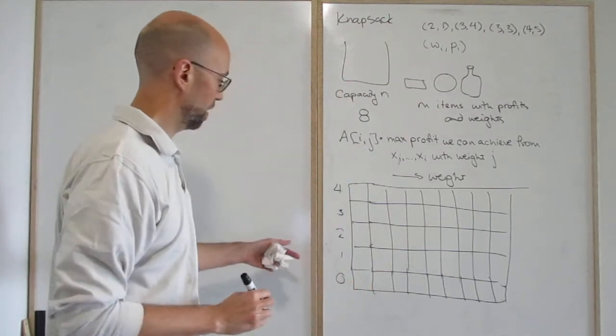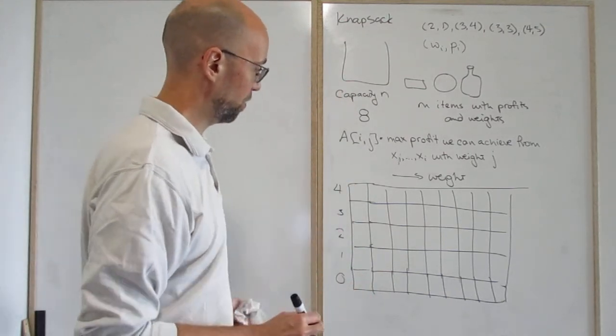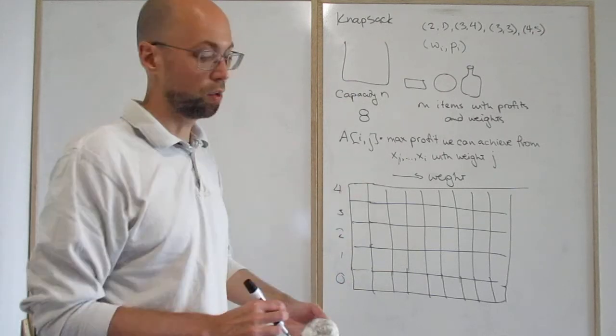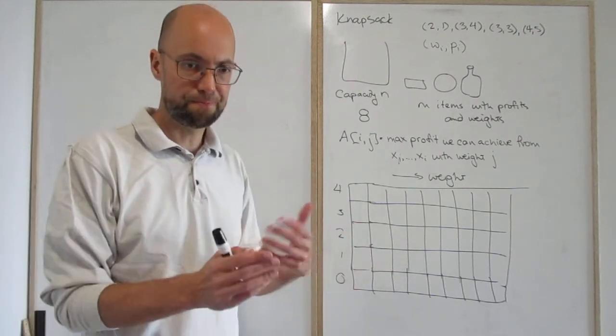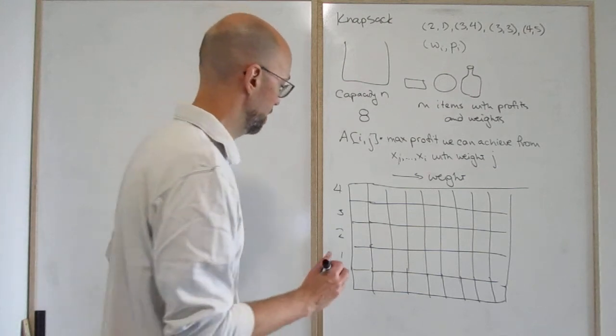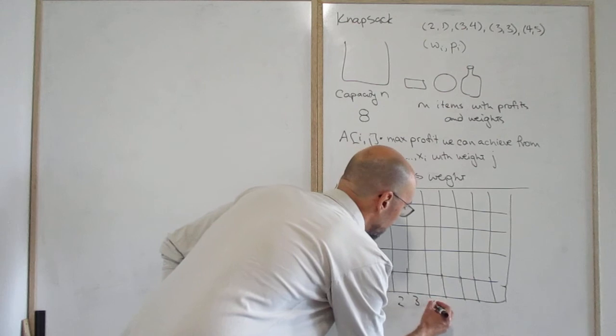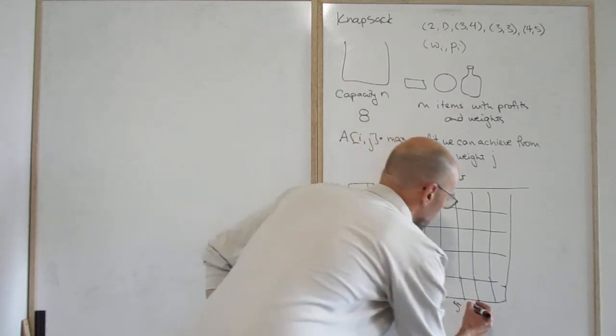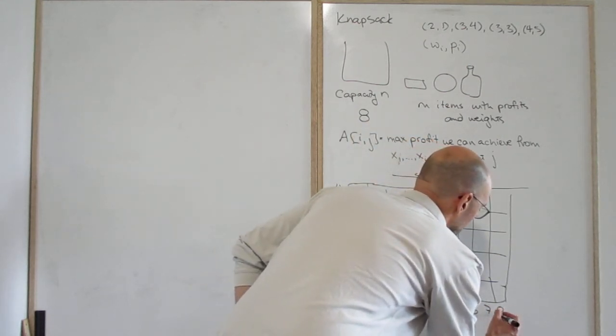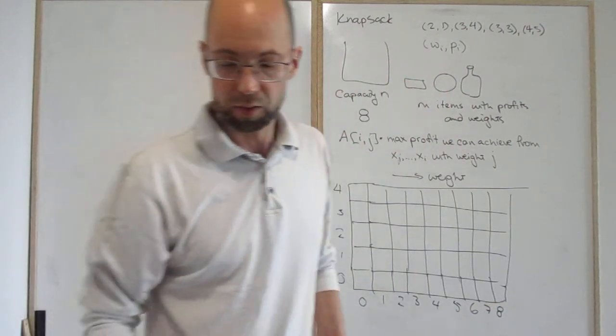So once again, I'm reversing things. It will be normal matrix coordinates in the notes. This is 0, 1, 2, 3, 4, 5, 6, 7, 8.